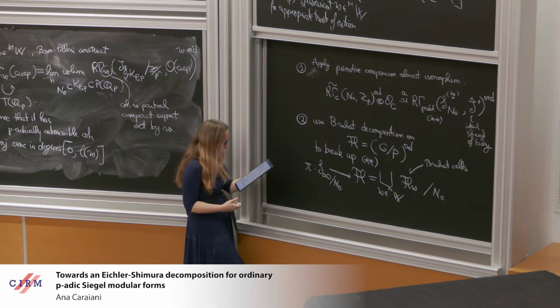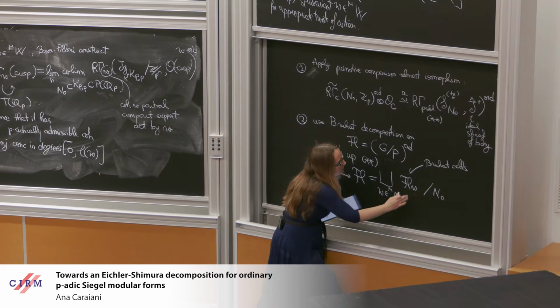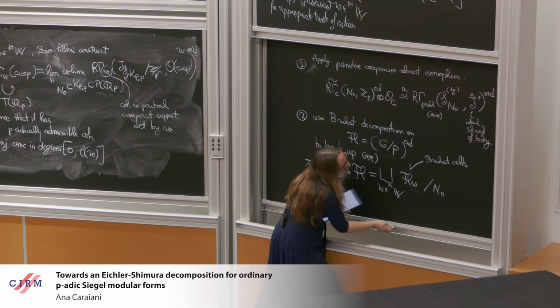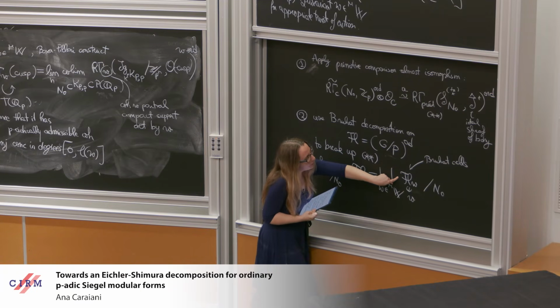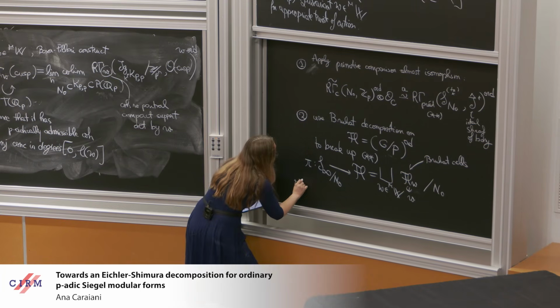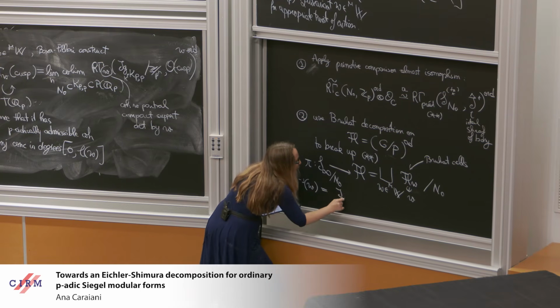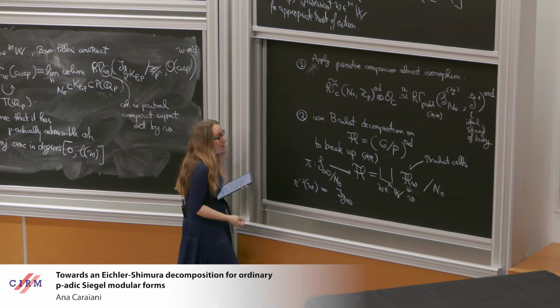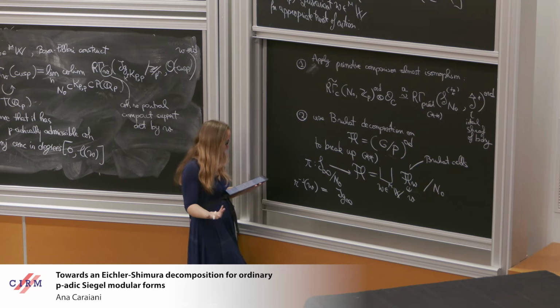Okay. One other thing I want to tell you is that the fixed points for the torus action are going to be the Weil group elements in here. Each of these Bruhat cells contains a Weil group element, and pi inverse of W ends up being essentially the Igusa tower, thought of as really the perfectoid Igusa tower.